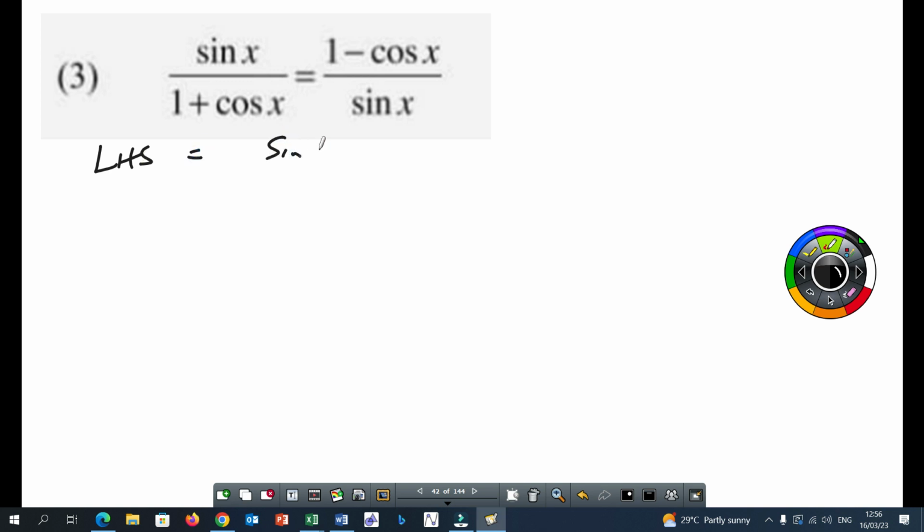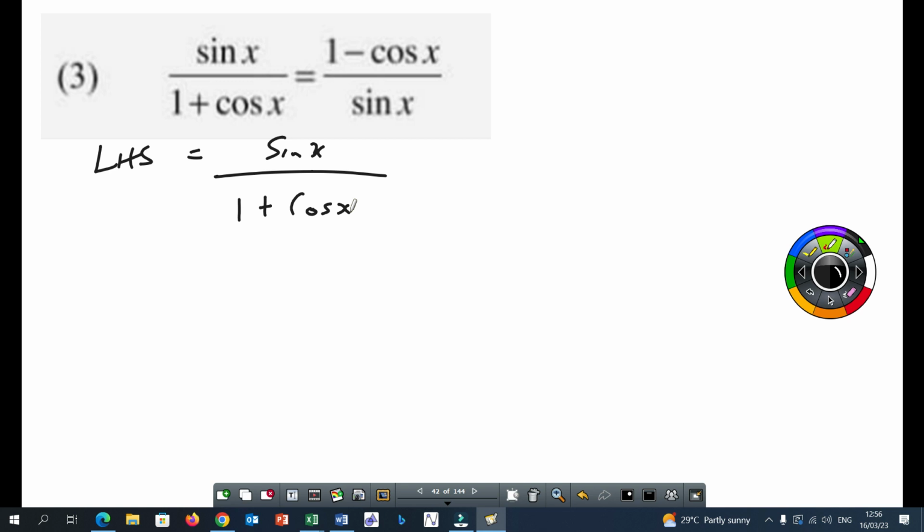Which is sine x divided by 1 plus cos x. Now, if you want to create that sine x, which is on the right hand side in the denominator, we can multiply this fraction by 1.